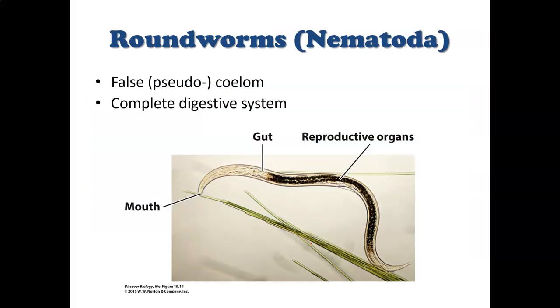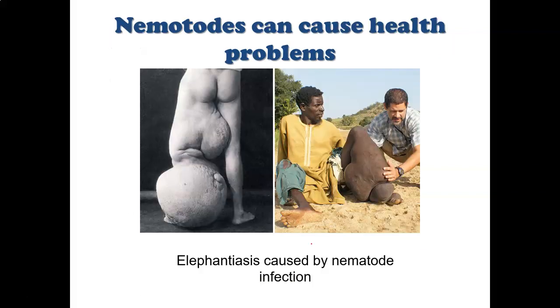The next group are the nematodes. Right, and this is the one group that has a pseudocoelom. They are just roundworms, not terribly interesting. Morphologically, their bodies are just basically long, tapered worm things. But they are important worldwide because they can cause a lot of the more interesting diseases. Right, this is a man who has elephantiasis.